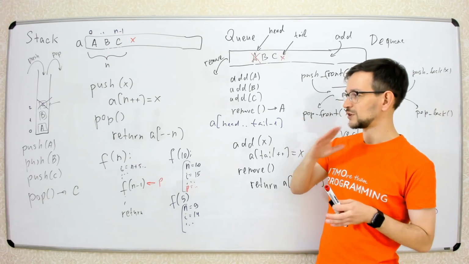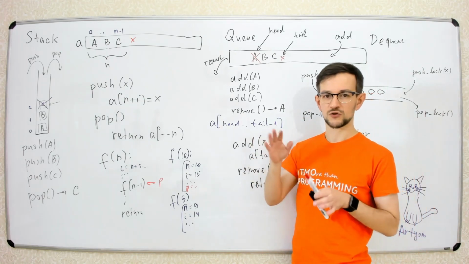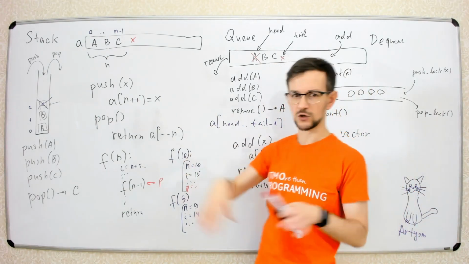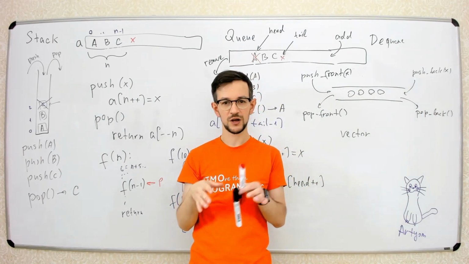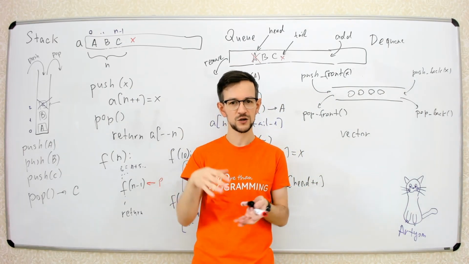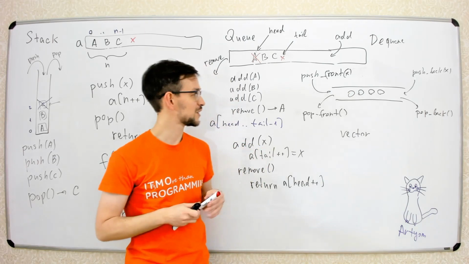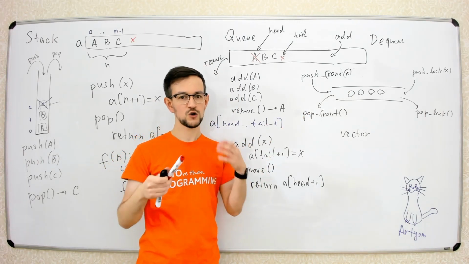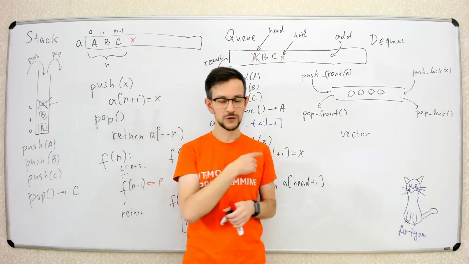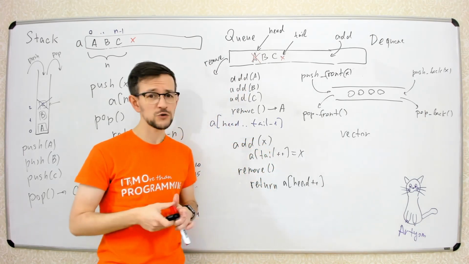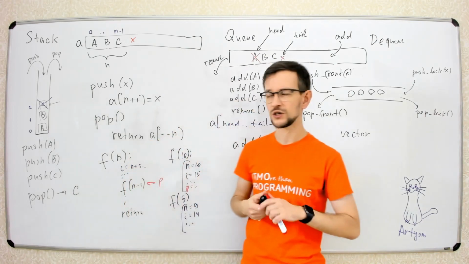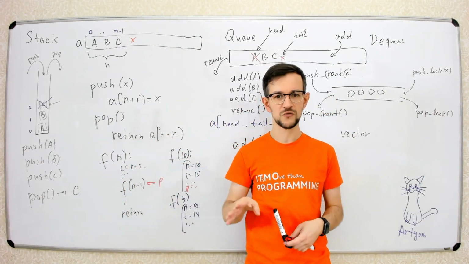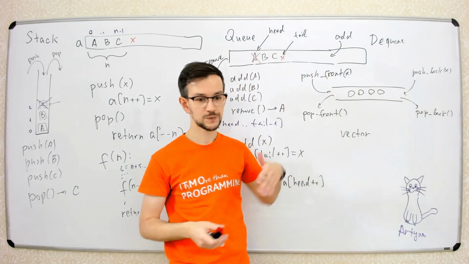So sometimes you actually want to use stack instead of deck, because stack is simple and you know what's happening in the stack, and you don't really know what's happening in deck. If you want to add some additional operations, you may want to use stack instead of deck. But if you just need a normal stack, you can use deck instead, and that will be fine. You just don't use these two operations.